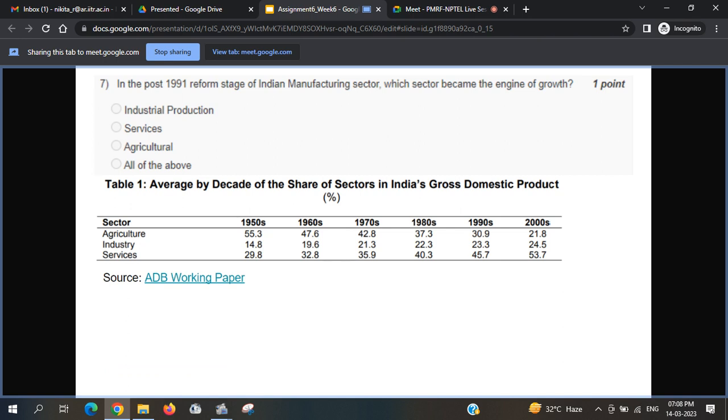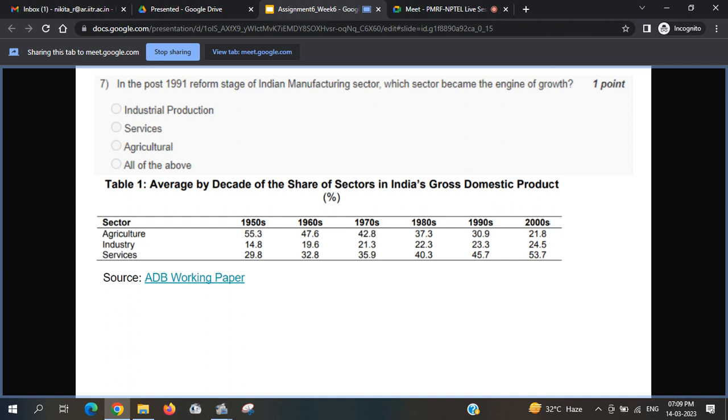Coming on to the next question, which also is related to economic growth and development of different sectors and industries in India. This question asks: in the post 1991 reform stage of the Indian manufacturing sector, which sector became the engine of growth?